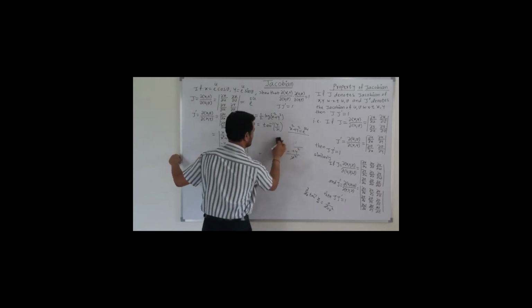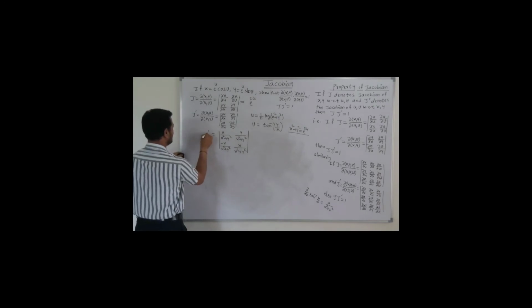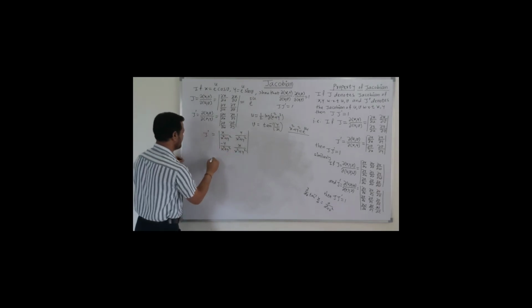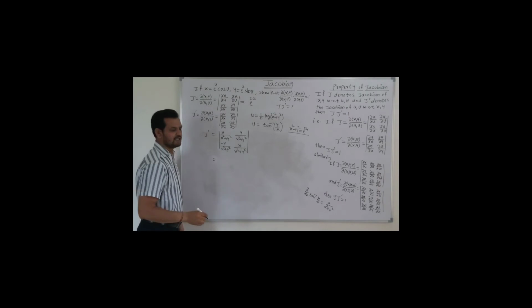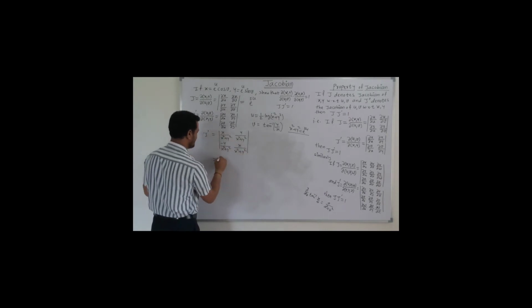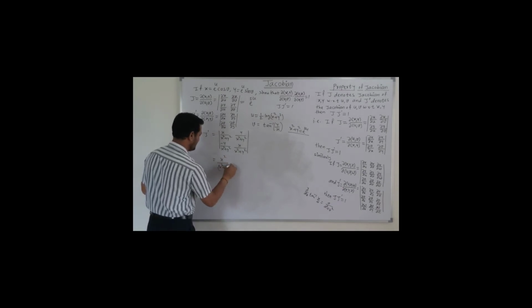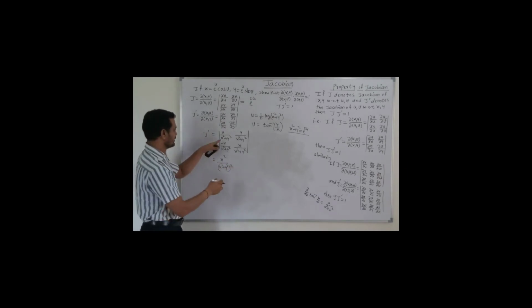So let's try to simplify this term. So this is the value of z dash. So simplify this determinant. If we take the product of these two terms, x into x is x square upon x square plus y square its square. So these are the two terms.